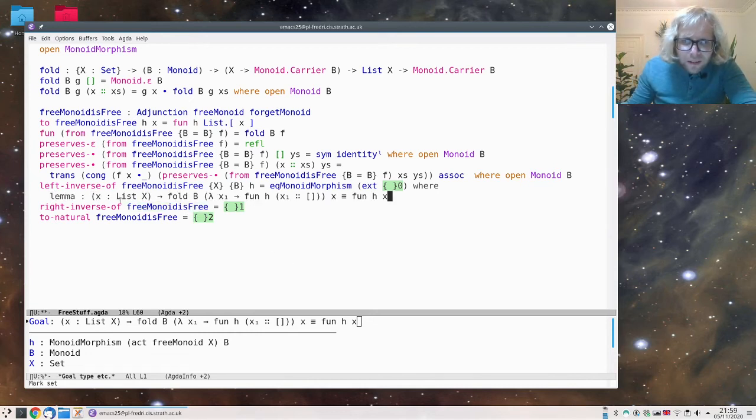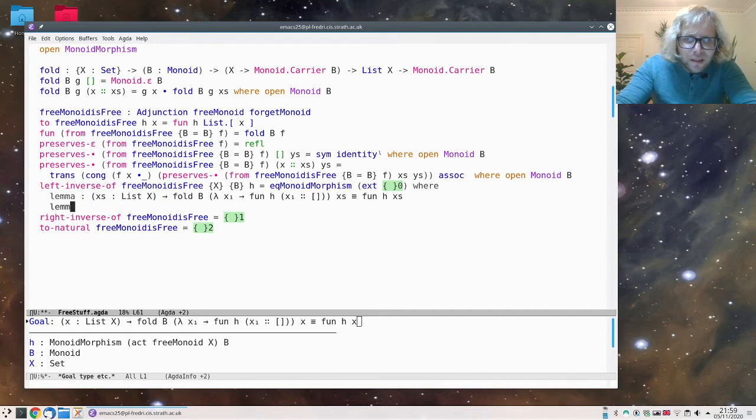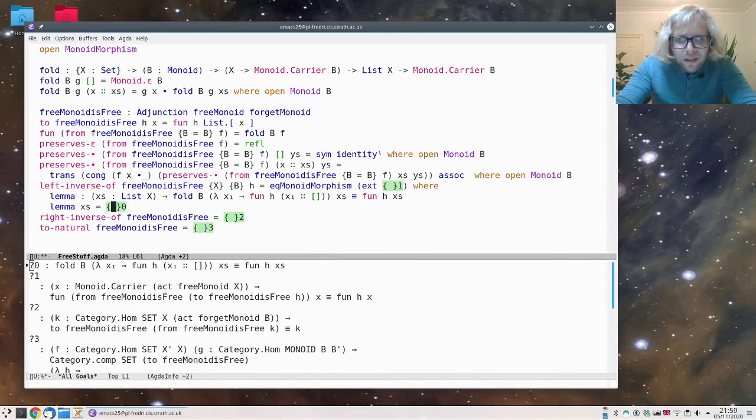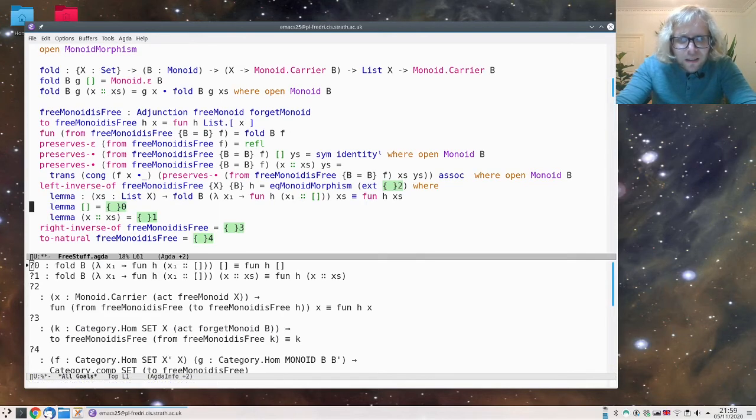So something like this, but I'm going to first of all rename this, and then maybe this will work. Let's try it. Okay. Is it fit for purpose?